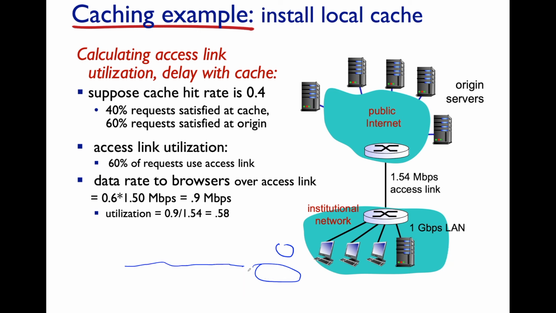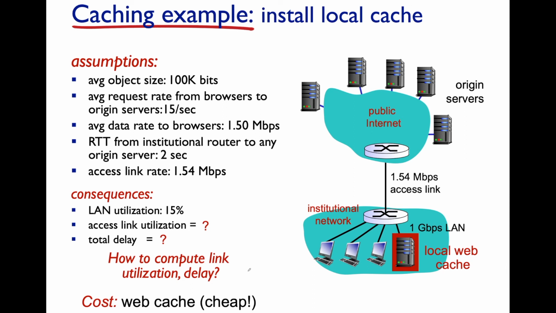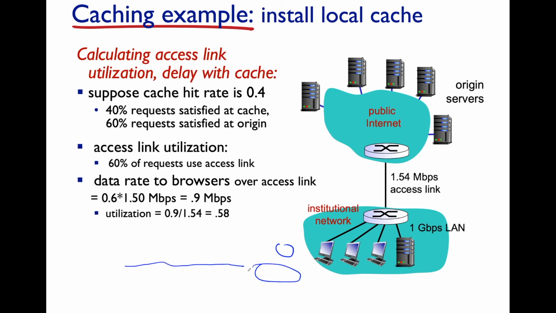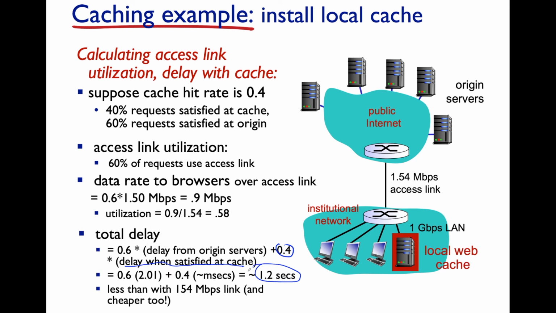That 1.2 seconds, if we go back to our example with the increased link, well, with that increased link, yes, we have lower utilization, but we had access time of roughly 2 seconds. Well, guess what? With a cheaper solution, that's both cheaper cost-wise as well as the ability to deploy it and make it work versus going to your service provider, you have decreased the speed as well as the cost.